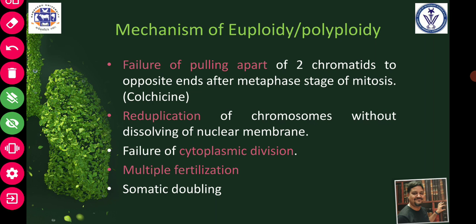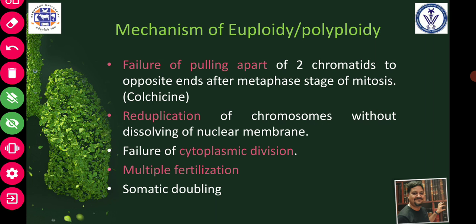In mitosis, you might remember that after metaphase, the two chromatids of the chromosome start getting separated from each other towards the opposite poles with the help of traction fibers.